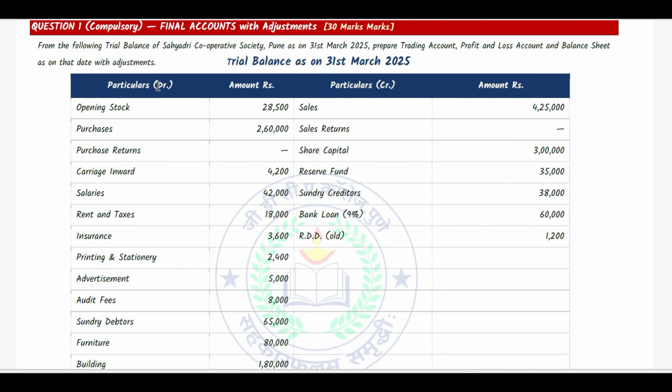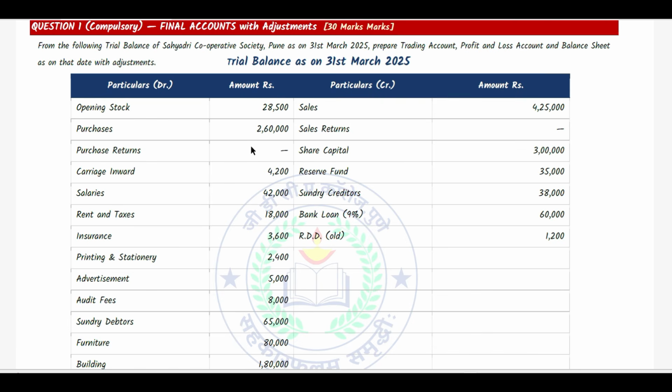According to that, you will be given some cooperative society name, and they will ask you to make the profit and loss account and balance sheet, with the date and adjustments accordingly. Here are some examples of expected questions in the May 2026 examination.